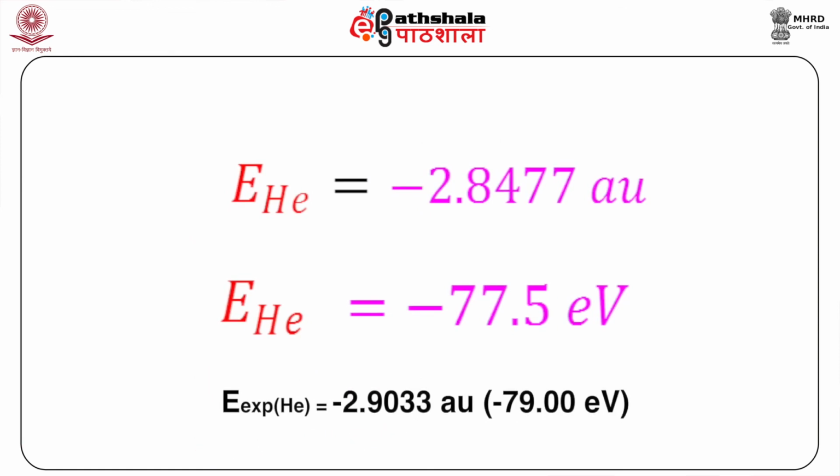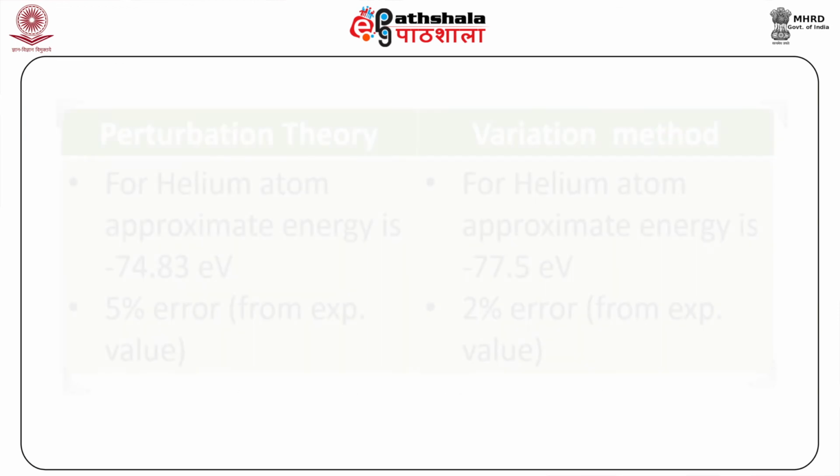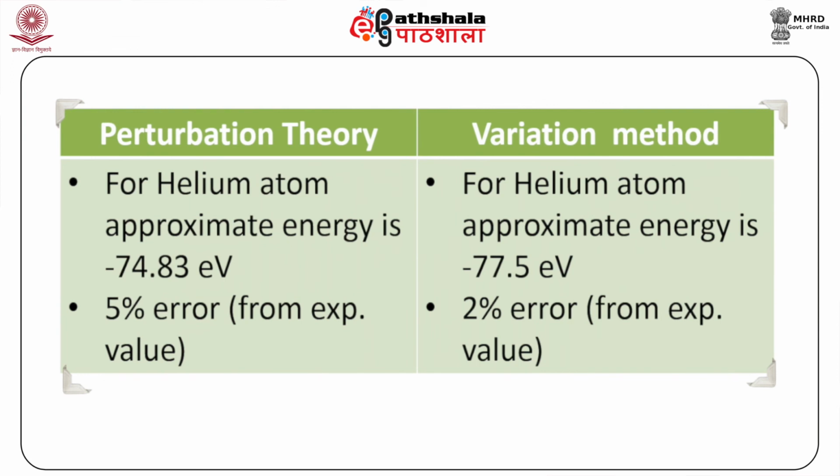The experimental value of the helium atom energy is minus 2.9033 AU, or minus 79.00 electron volt. On comparing this energy with the variation approximate energy gives a result with 2% discrepancy.